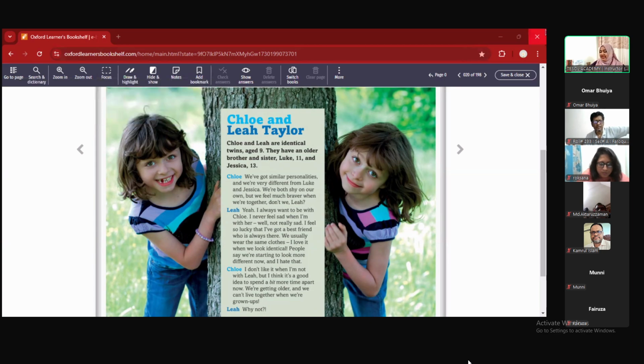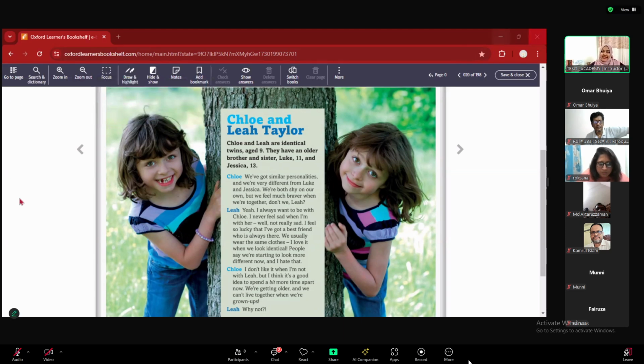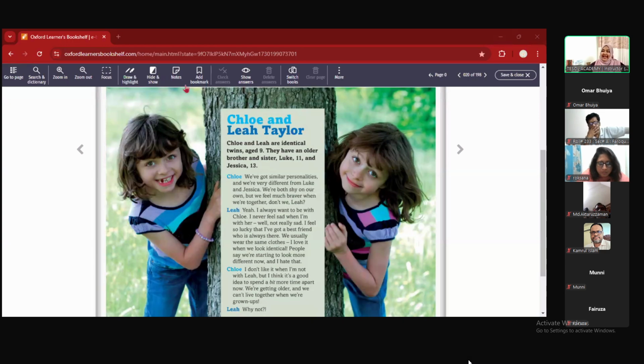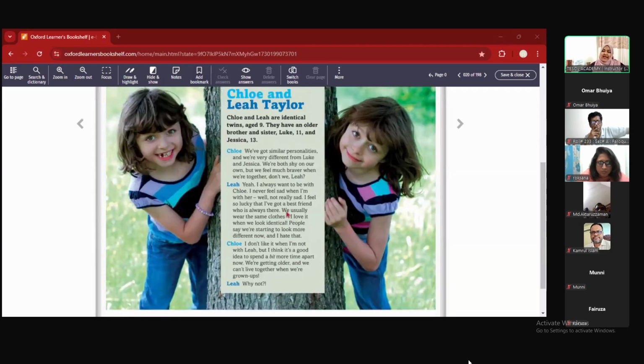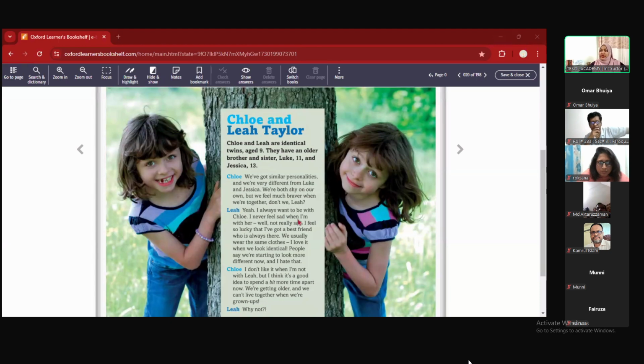Okay, so that was what Leah and Chloe had to say about their bond and their characteristics, what they like, what they don't, and what they think about each other. What I would like you all to do is that I'll read out this whole thing for you, and then I'll ask you one by one to read it, part by part.